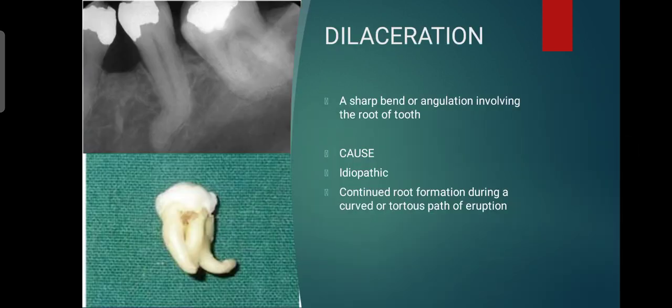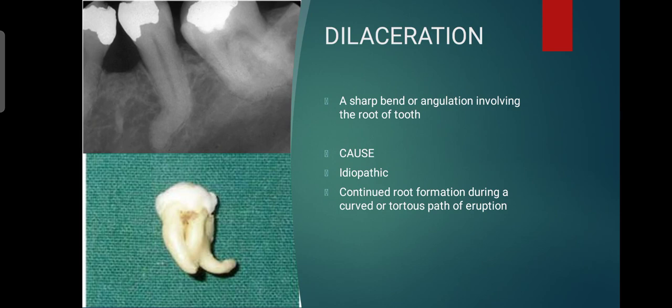Now, the first topic we are going to start is dilaceration. Dilaceration is a sharp bend or angulation involving the root of a tooth. As you can see, the root of the tooth is slightly angulated at an angle. It's not straight.